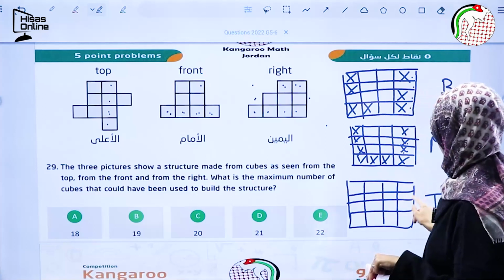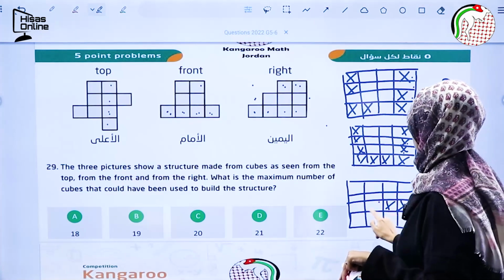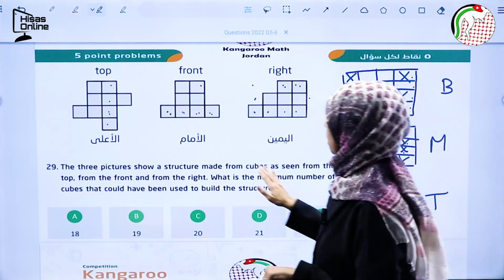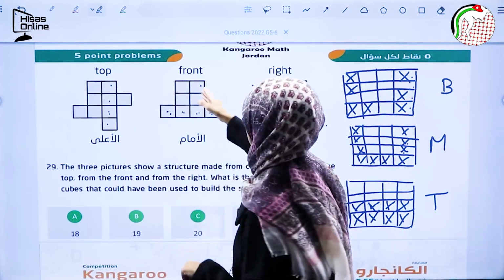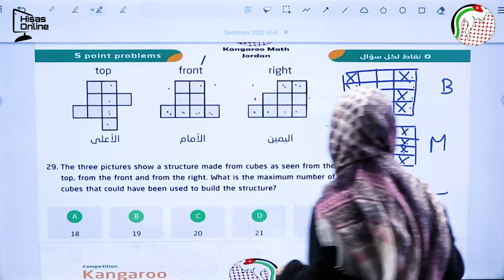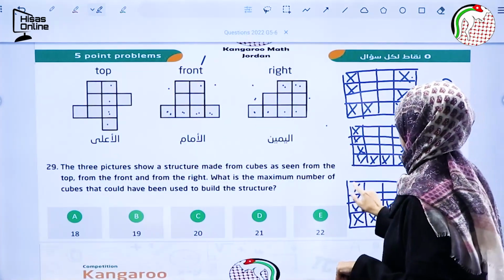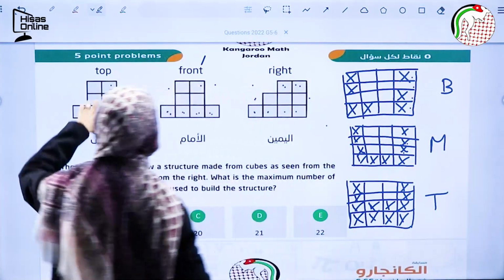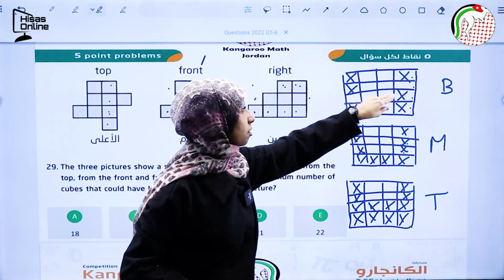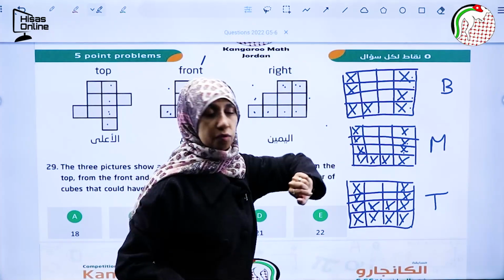So 1, 2, and those I can't see, and this one here I can't see those. So I will complete here, and again from the top view I can still see the first part, which is the base of the structure.